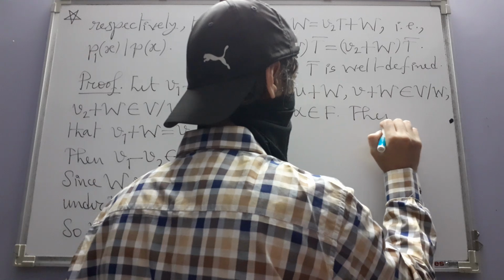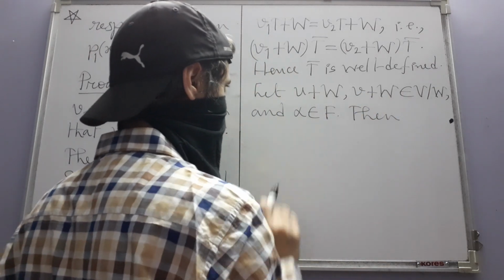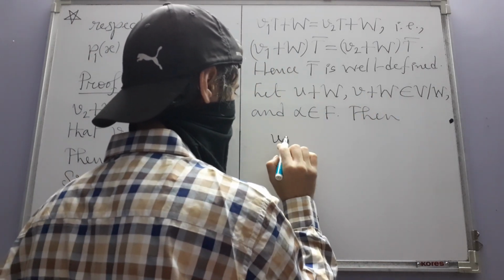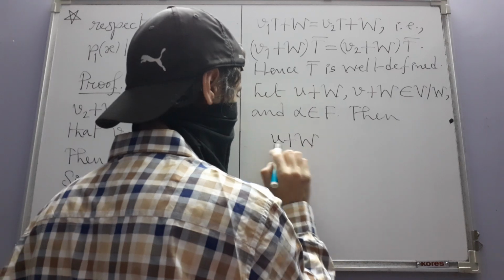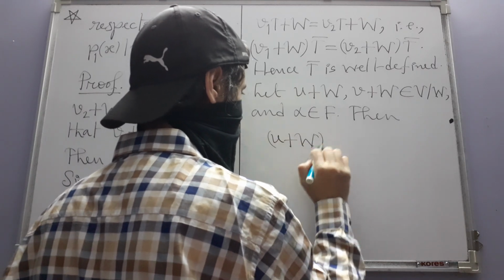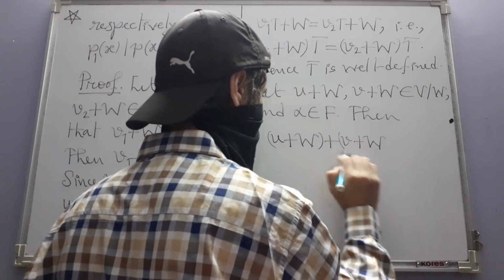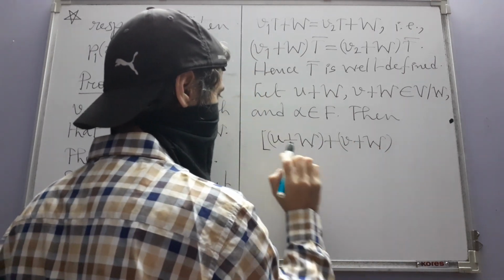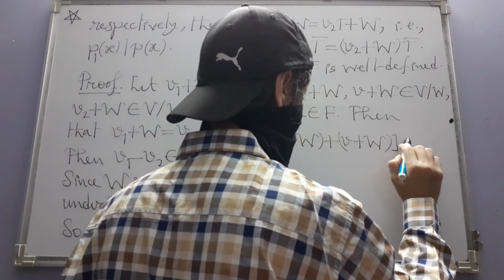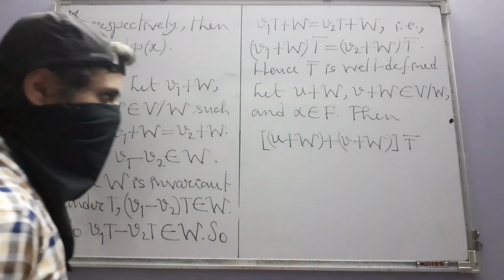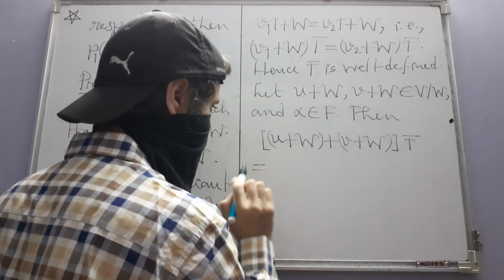Then we will go through two calculations. One of them is we take the sum of these two vectors and on that we apply T bar and see what we get.